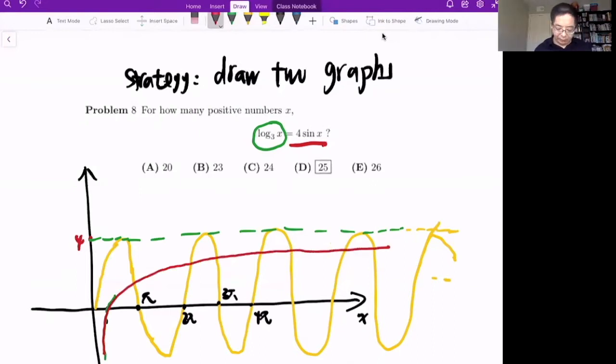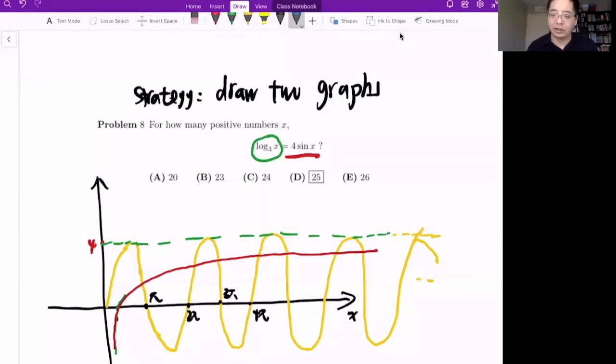Now if we try to count the number of intersections, let's look at the number of intersections within each period. So this is the first period, this is the second period, and this is the third period.